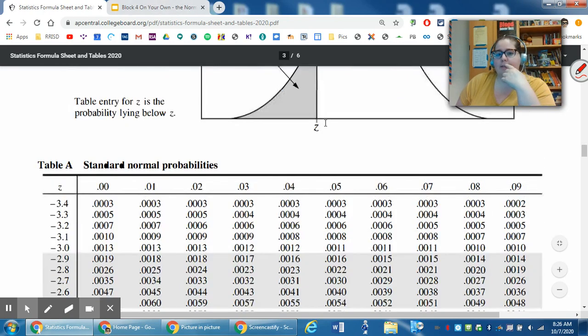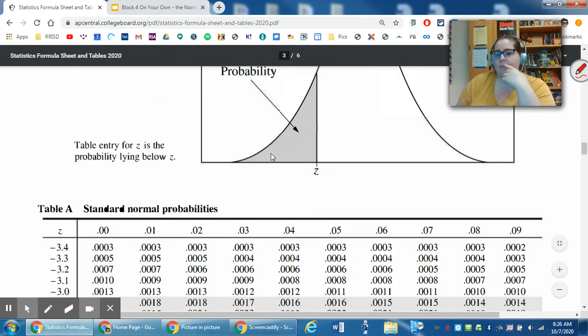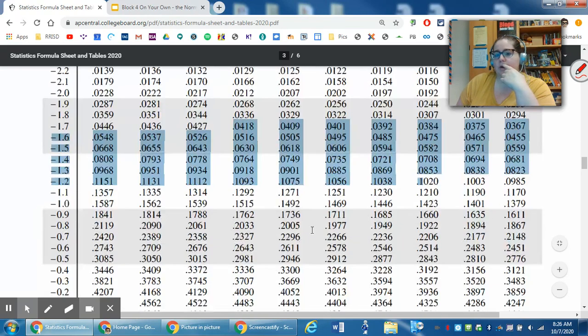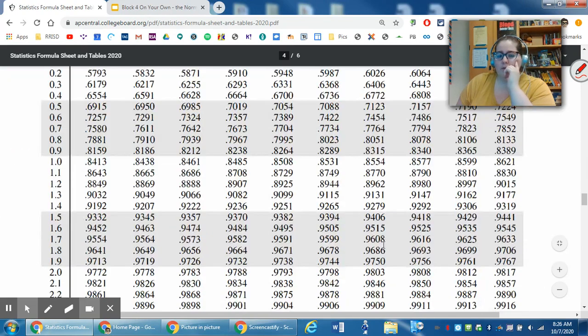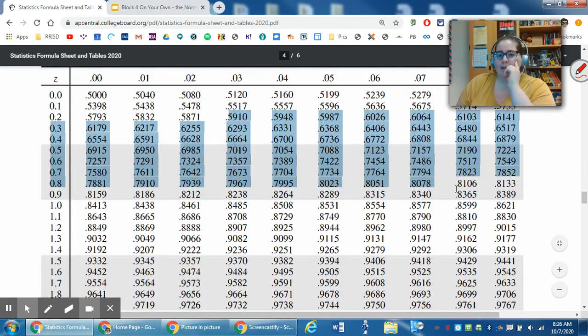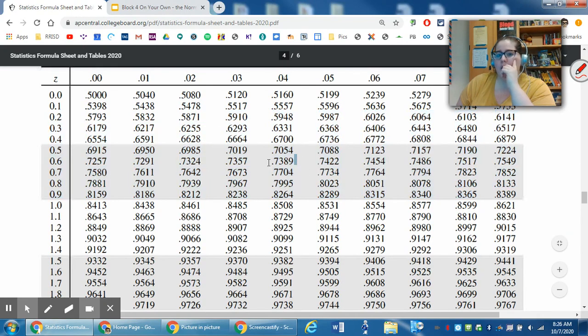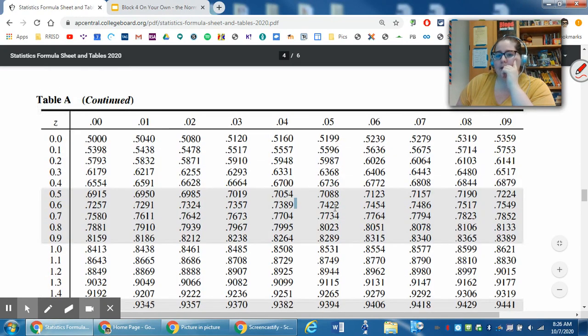So if we want there to be 60% to the left or below the z-score, I'm using my z-table backwards. I'm looking inside where the proportions are and trying to find the closest I can get to 0.6, which is 60%. I say the closest because for this type of problem, we're not necessarily going to have an exact 60%. So I'm looking for 0.6 or as close as I can get to it, which is somewhere between these two numbers.